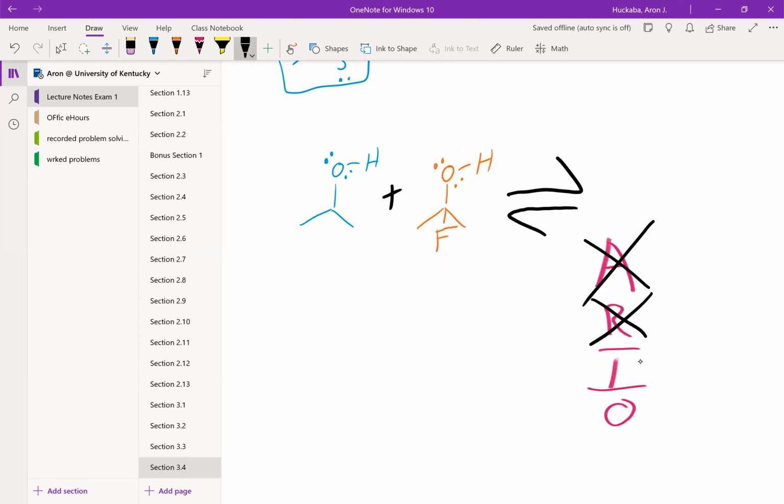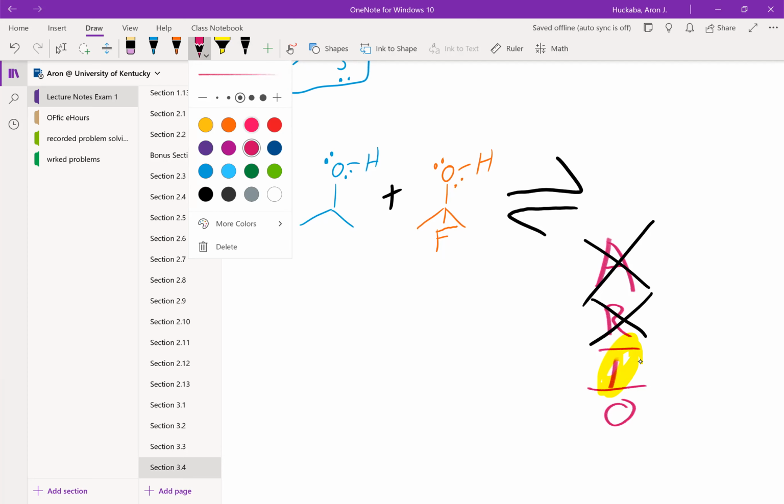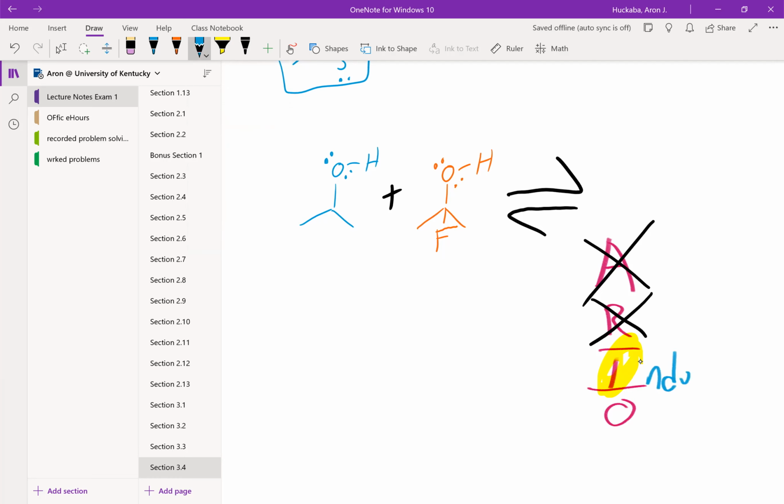Now, I guess we're left with the I, which stands for induction. That's right. Okay, so again, the first step here is to find the conjugate base of both.